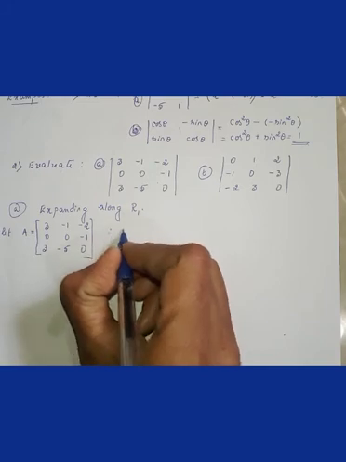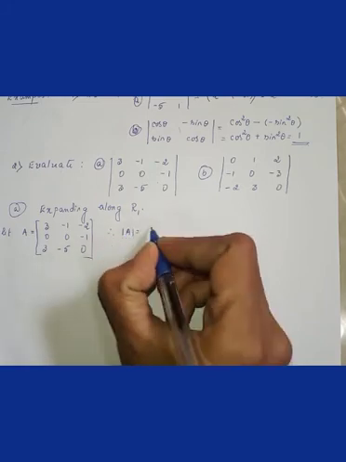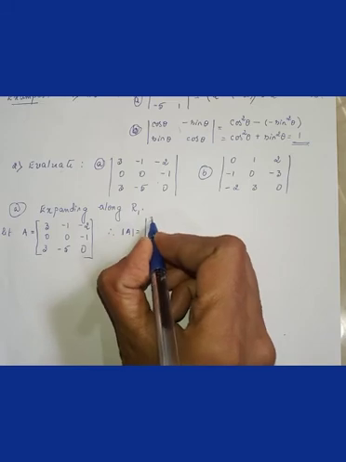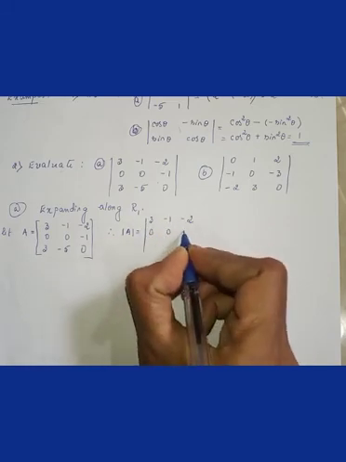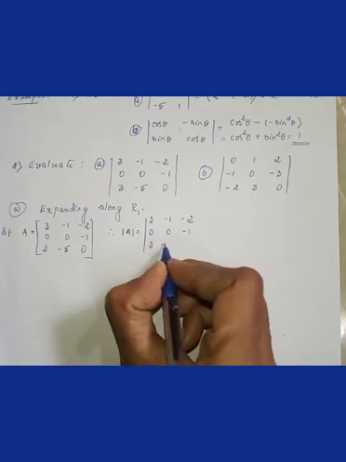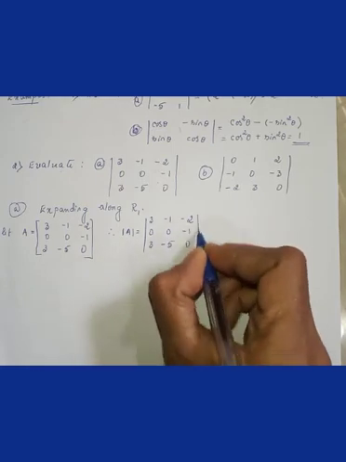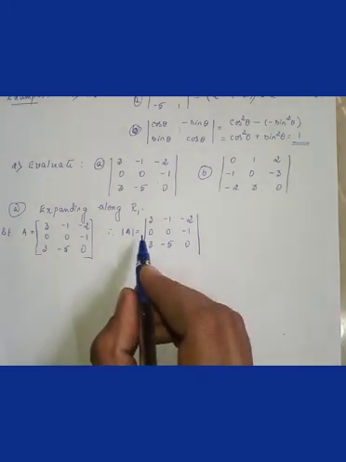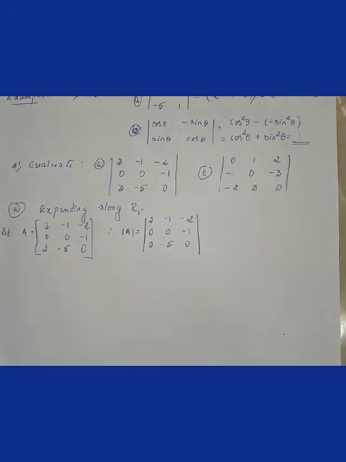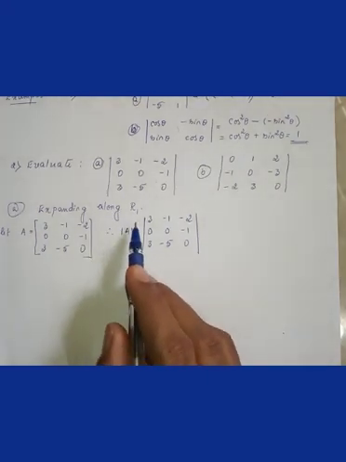Therefore, determinant A is the determinant of 3, minus 1, minus 2, 0, 0, minus 1, 3, minus 5, 0. You can also write it like this. Let's expand along the first row.